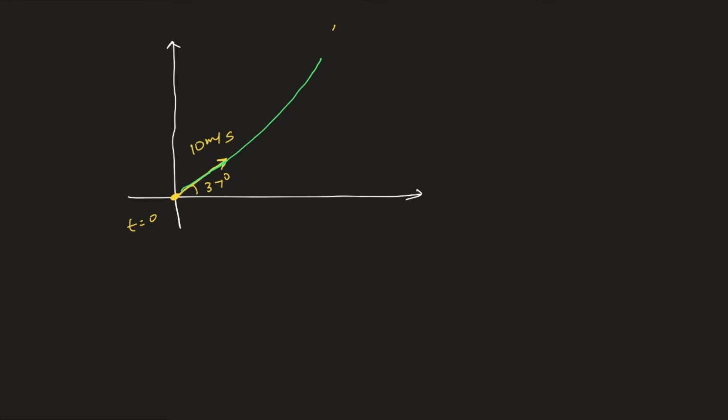And its velocity at t equals to 4 seconds maybe is 20 meter per second, but the direction has also changed and it is making an angle of 53 degrees with the x-axis now.